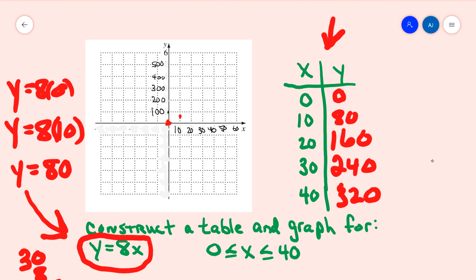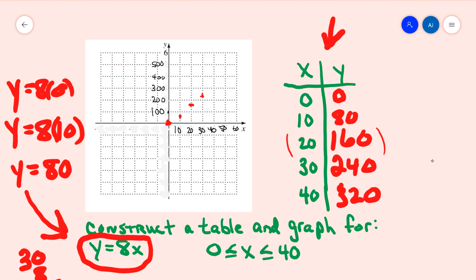The next ordered pair is 20, 160. X and Y. So I got 20, and I got to go up to 160, which might be about here. We're just guesstimating approximately where that point is. So that would be 20, 160. 30, 240. Here's 30, and 240 is almost halfway. So again, I'm just guesstimating.